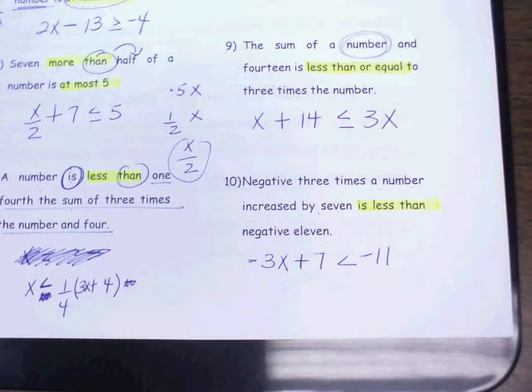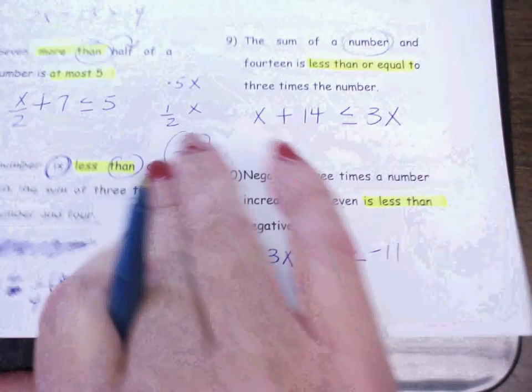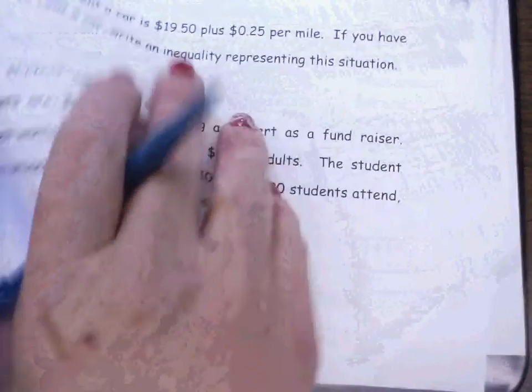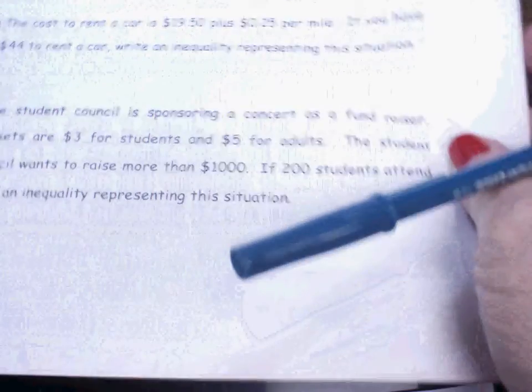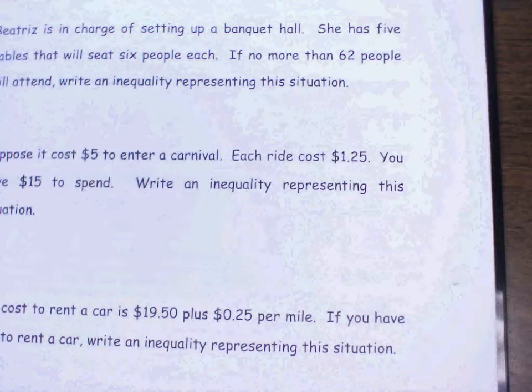Very good. So less than negative 11. Then you're done. Are we good? Yes? All right, let's go to the back real quick. Again, we're only translating, we're not solving, okay?